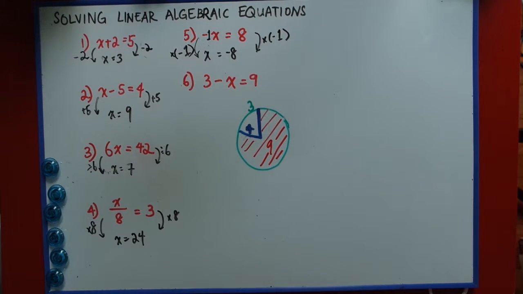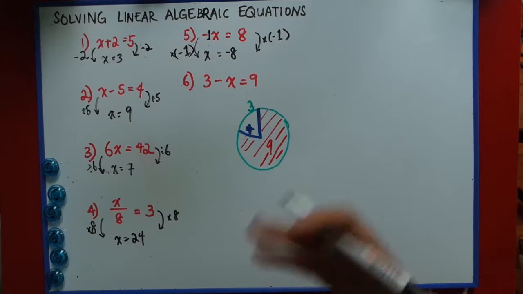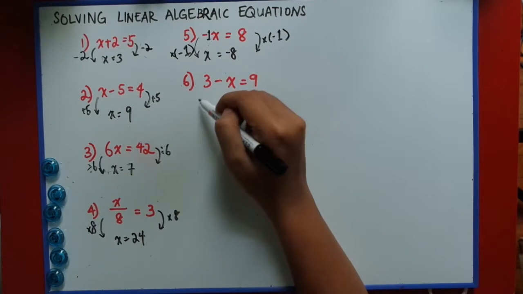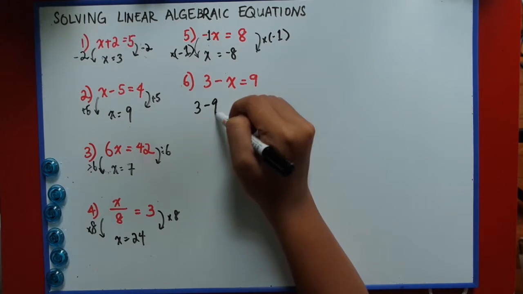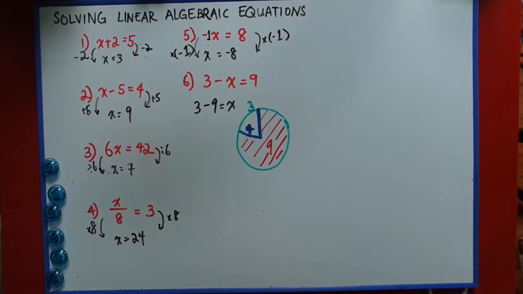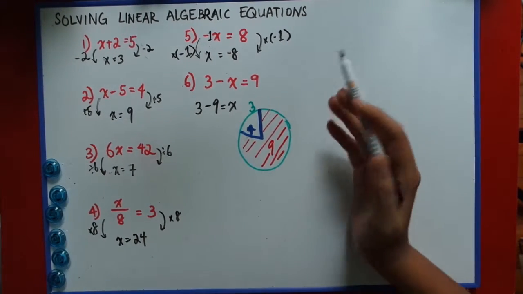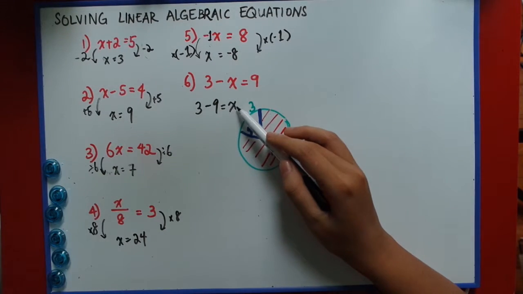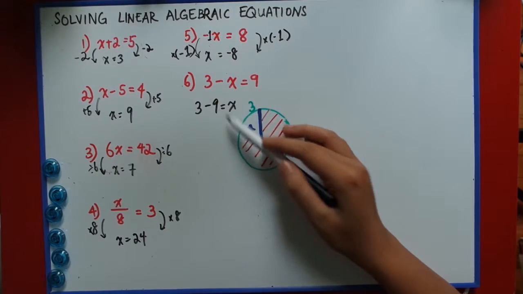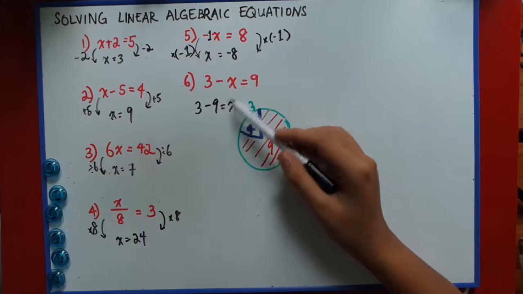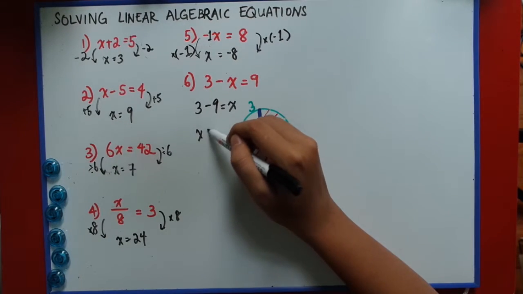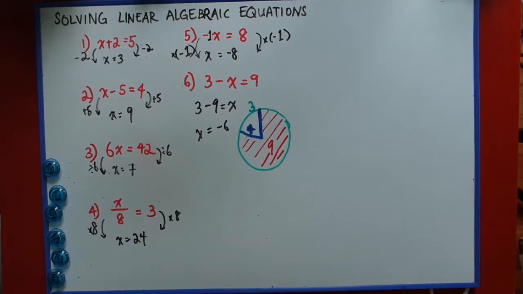You don't need to get this now. Maybe in the future you will understand it. What I'm going to do is switch the position of 9 and x. So now I've pretty much just done 2 steps in one, you see? So x is very nice, he's alone and he is positive, he's not negative. So x will be 3 minus 9, which is negative 6.